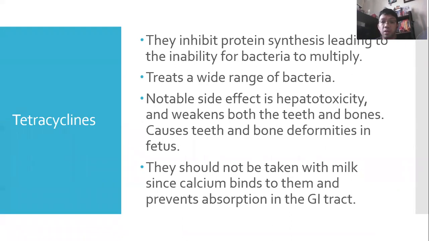Take note, they are not given to children who are less than 12 years of age, because it can weaken both the teeth and bones of children. They are also not given to pregnant mothers, because they can cause teeth and bone deformities in the fetus.